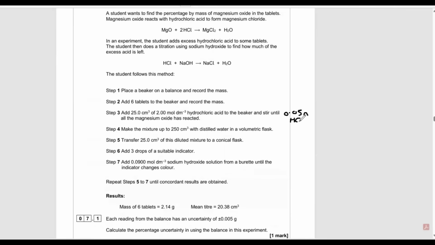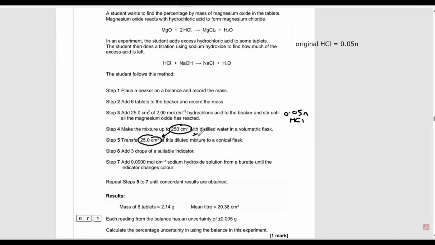Now, when you get 2 equations like this and they add something in excess, you know it's a back titration. So we've already worked out the original moles of HCl, and that's 0.05, I guess 0.0500, but 0.05. We now know that they then took the leftover HCl, which we don't know yet, and they diluted it down.